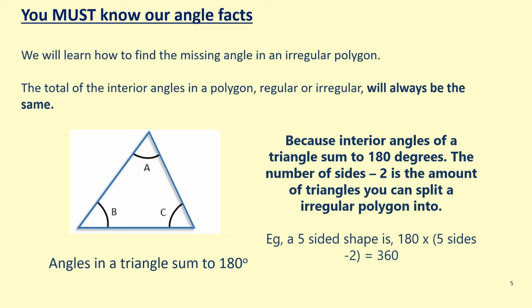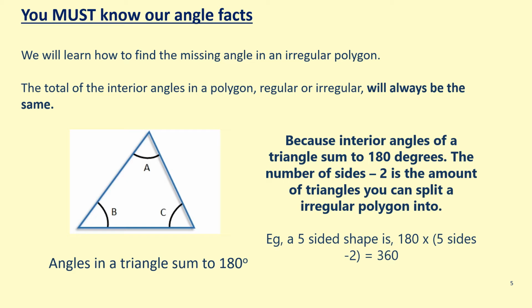Now, if we look at the image, we have a triangle, and as we should know our angle facts, angles in a triangle sum to 180 degrees. And we're going to be taking that into the lesson here today. If we look to the right of it in bold, we have: because interior angles of a triangle sum to 180 degrees, the number of sides subtract 2 is the amount of triangles you can split an irregular polygon into.